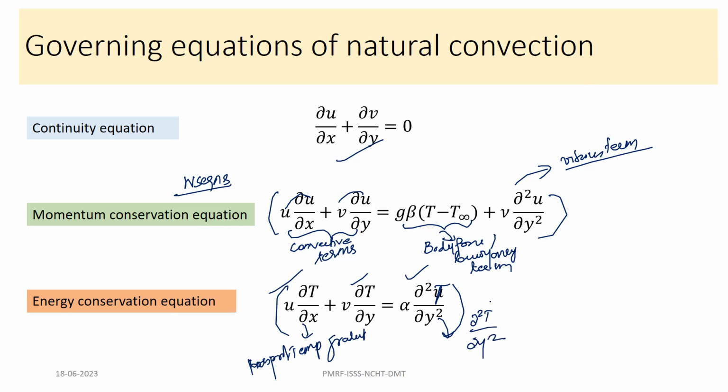So this is the diffusion part. You should be very clear about all these terms. What is alpha? Alpha is the thermal diffusivity. So that's all the basics.